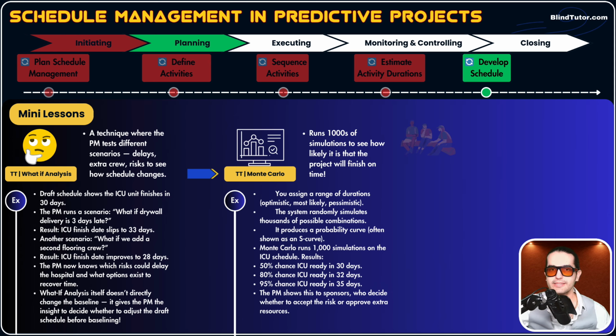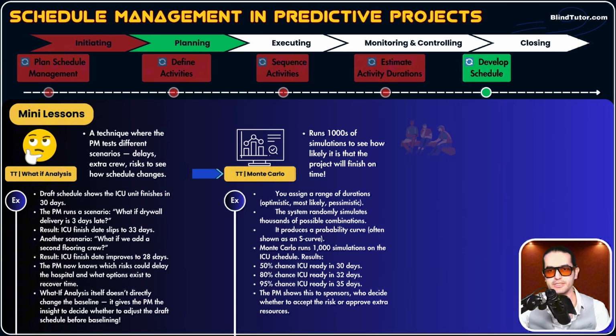We do it for all activities, and we feed these inputs, these ranges, into the Monte Carlo simulation software. Now, our software runs tens of thousands of simulations. And the result is a probability distribution, guys, an S-curve. You're going to see the curve in other parts of our tutorial.